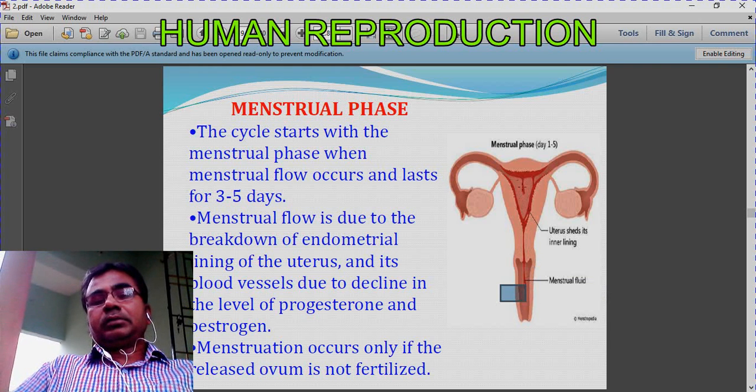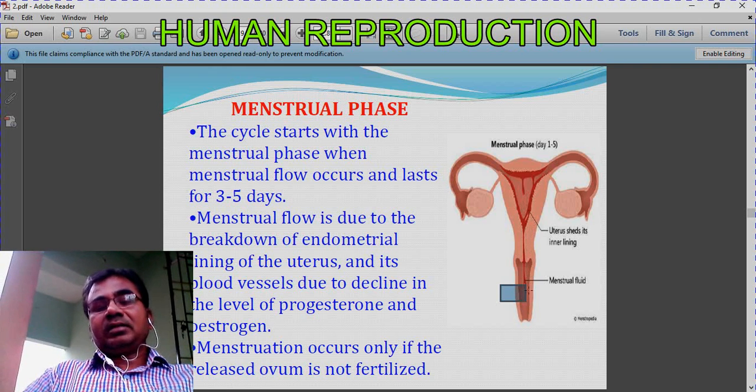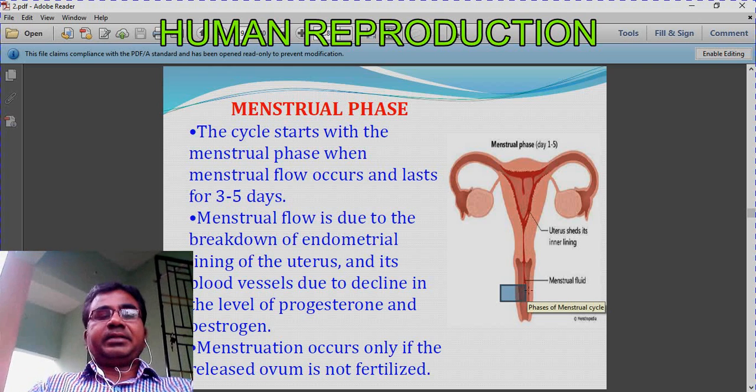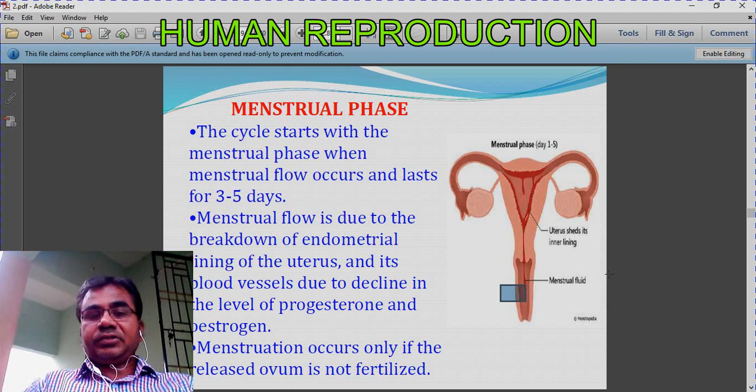So during pregnancy there will be no menstruation, but if there is no fertilization for 28 days, there will be discharge of blood through the vagina, that is menstruation. This period is over. That is the menstrual phase.